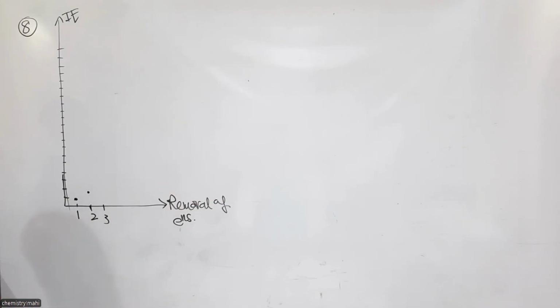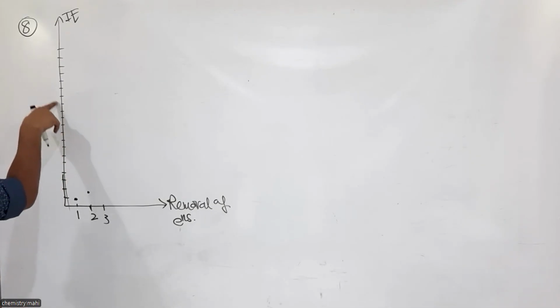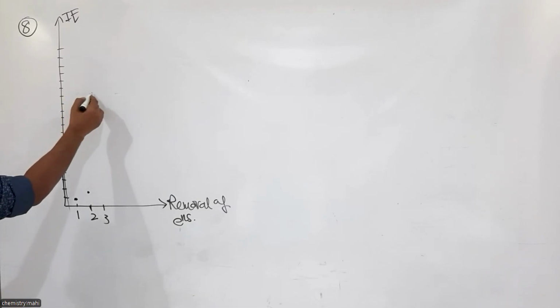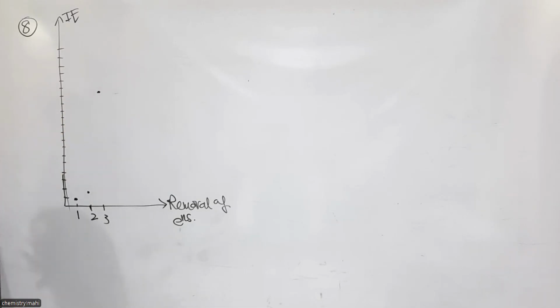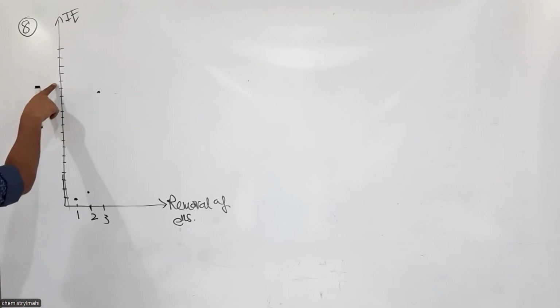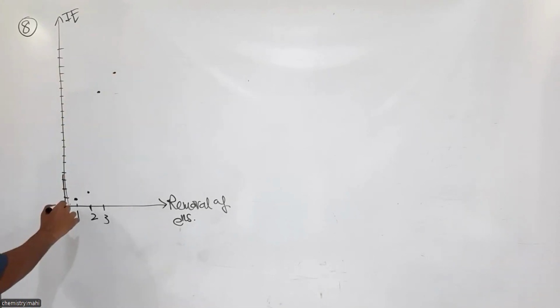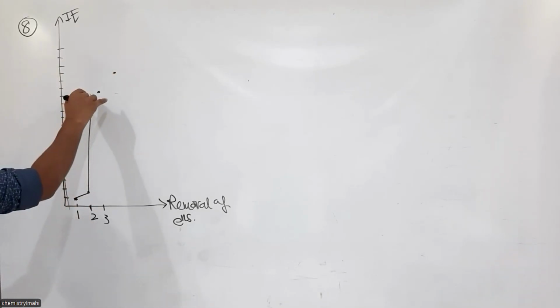Third ionization energy is given as 14,000, so 14,800 means nearly 15,000. It's somewhere here. Thereafter, 17 somewhere here. Can you see that diagram? It's like this.